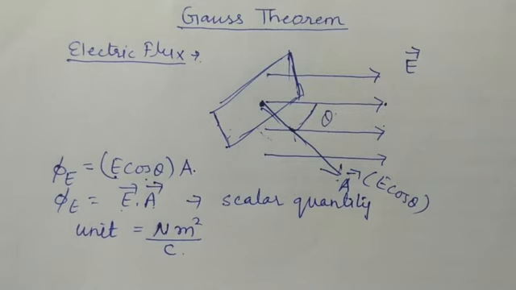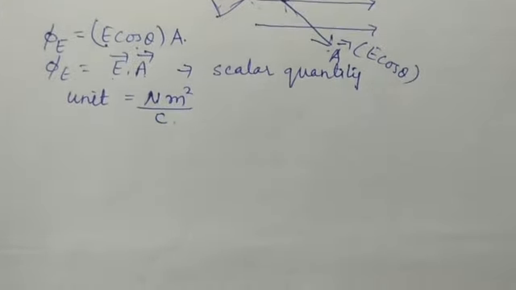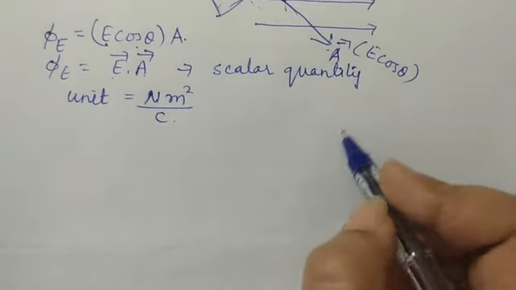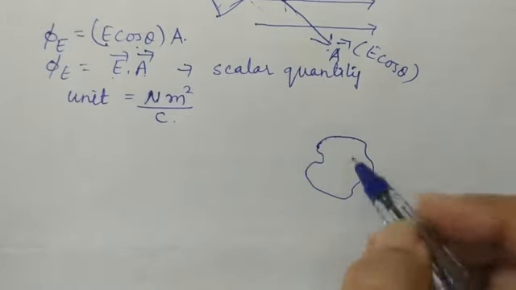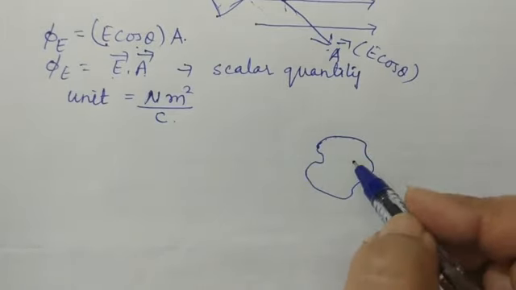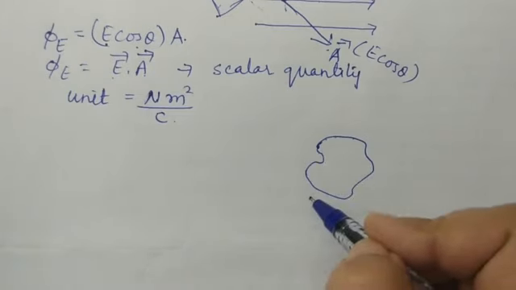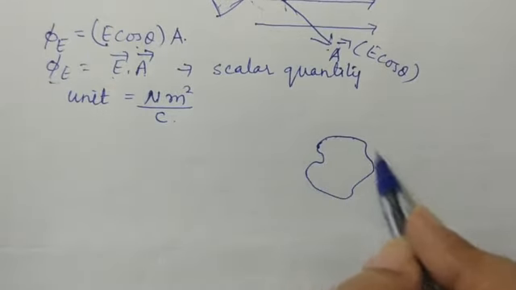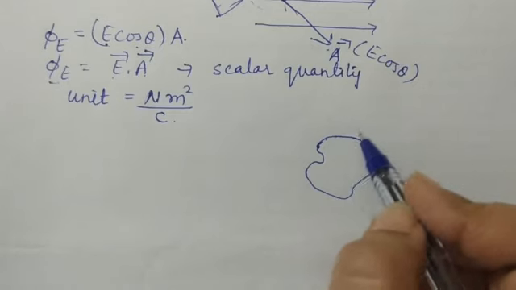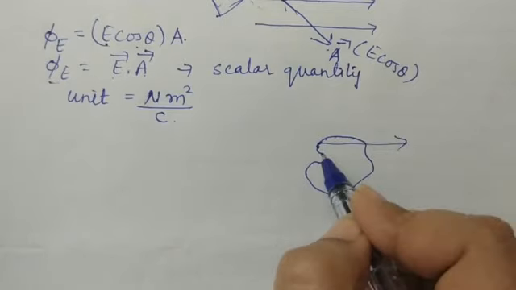Now suppose I have an area whose magnitude is not known. It's not a regular surface. For example, I have taken a surface of this shape, suppose. Now for this shape, I don't have a specific formula to calculate the area. Then how do I calculate the electric flux which is passing through this surface if there is some electric field passing through this area? Suppose we have an electric field over here like this.